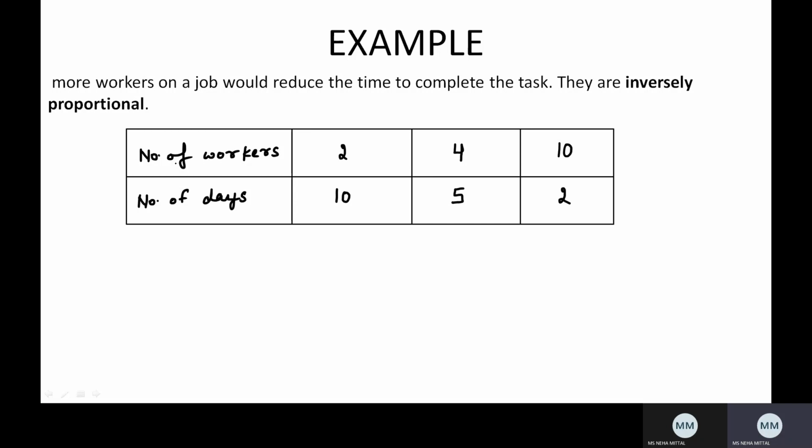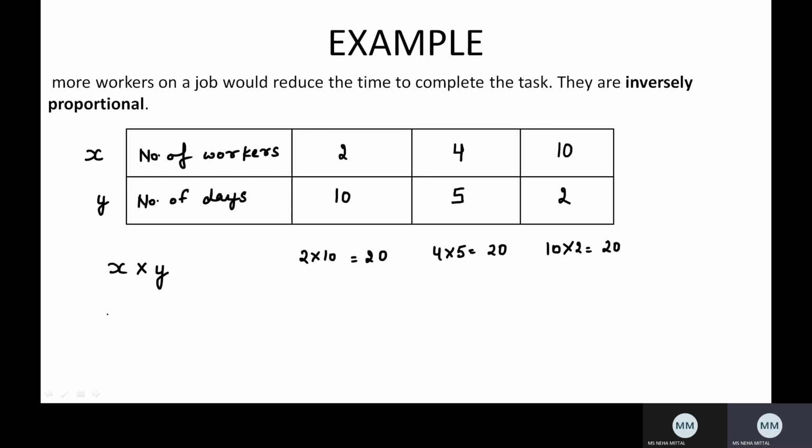Let us assume the number of workers as x and the number of days as y. If I find the product of these quantities in all three cases, in the first case the product will be 20, in the second case the product will also be 20, in the third case also we will get 20.